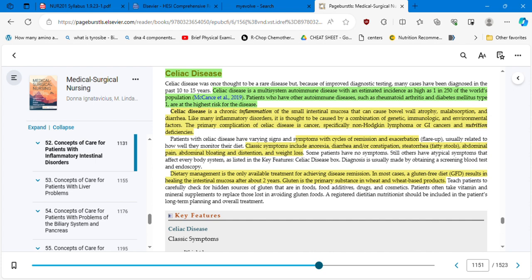Nutrition deficiencies: a patient who is not having a proper amount of protein, or is having an inorganic type of protein, or is having an excess of carbohydrates or too much fat.